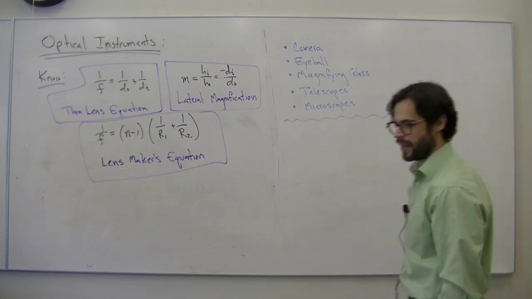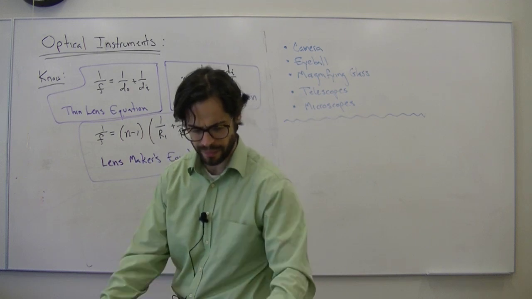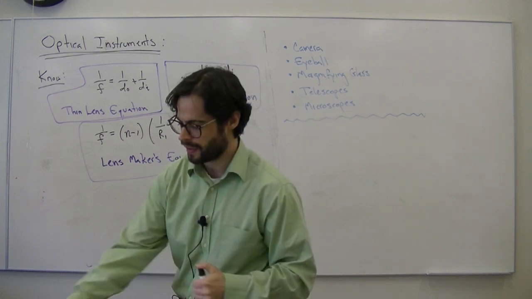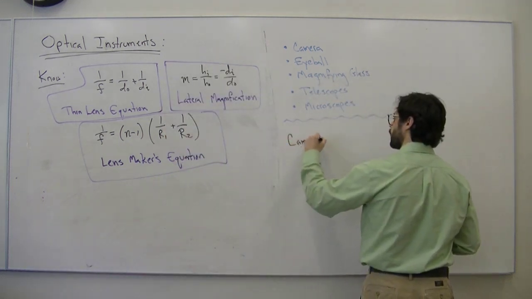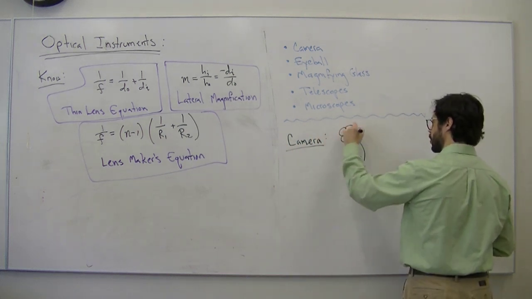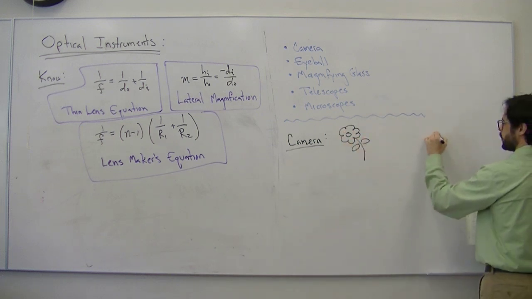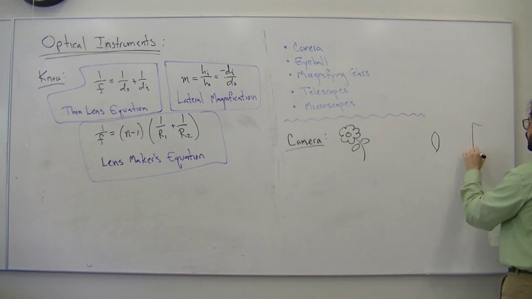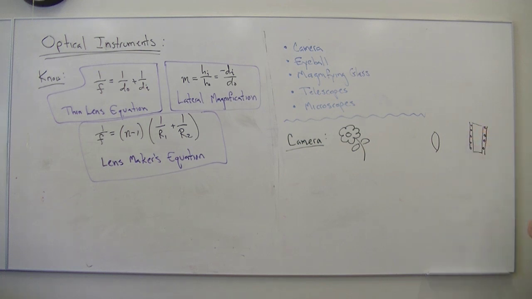So what is a camera? Well, here's a nice image of a camera. Cartoon, of course. The job of a camera is to take an object, in this case a pretty flower, and it's got a lens, and then it puts the image either on the film or, over the last 20, 30 years, a charged coupled device, or CCD.